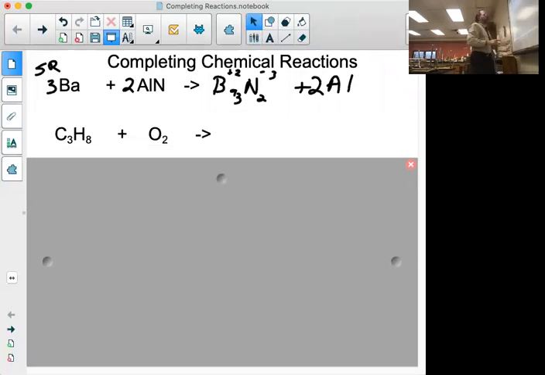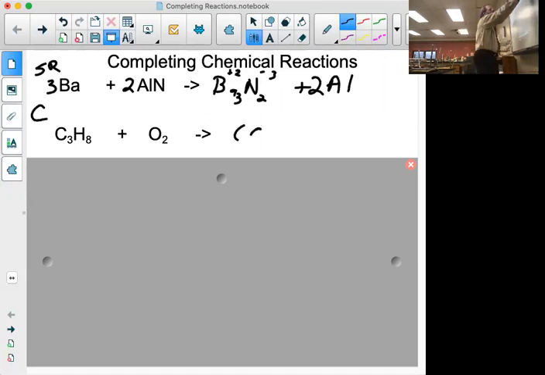Okay, now you look at this and go, oh, C3H8 is a compound, O2 is an element, therefore this is single replacement, same thing. No, because remember that's a hydrocarbon, there's no metals in those. So therefore, a hydrocarbon plus oxygen, that's a combustion reaction. Remember, the products of a combustion reaction are always carbon dioxide, CO2, plus H2O.